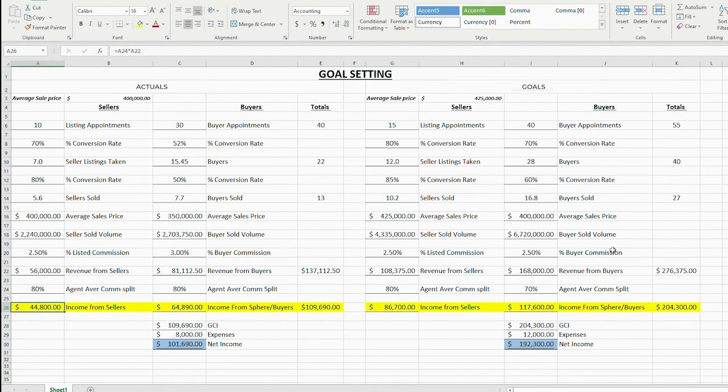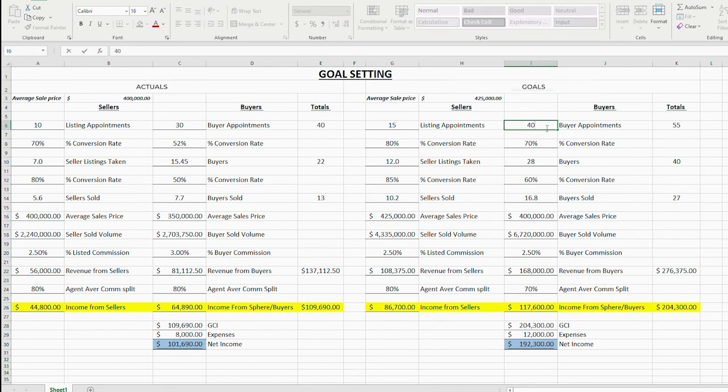Now think about it. If your conversion is 70% instead of 52 this year, now you're dealing with 31 serious buyers as opposed to 15. If your conversion rate on getting those buyers into a home is higher, and I think it will be, and notice I put the average sale price on the buyer side up to $400. Again, commission, whatever your commission is. I had said over here your buyer commission was 3.